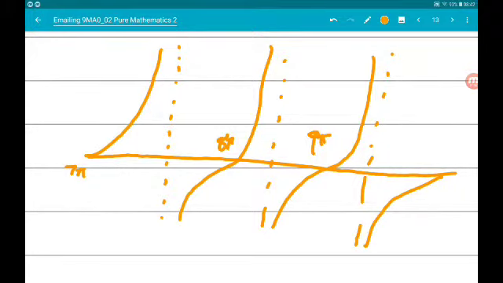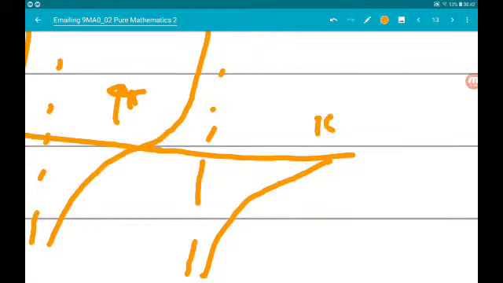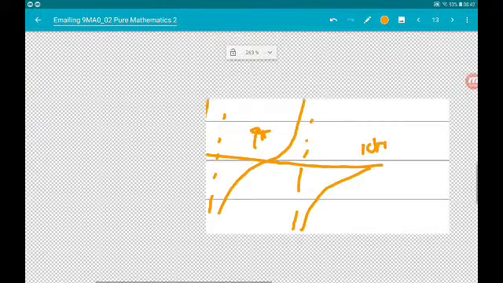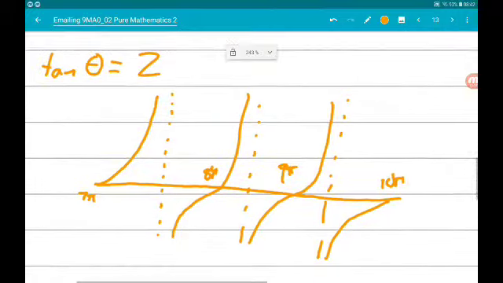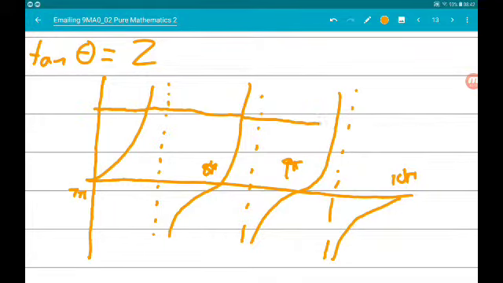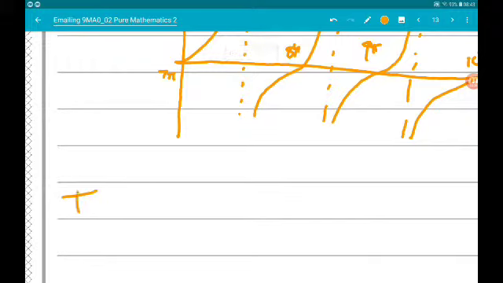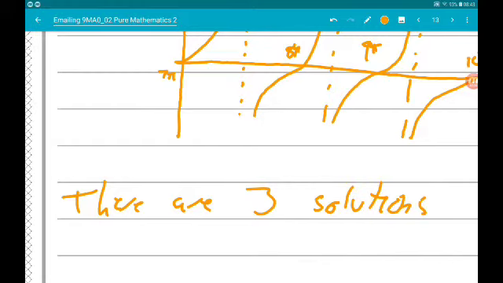So that's what tan looks like between 7 pi and 10 pi. Now we want tan of theta to equal 2. So if we draw a line across, it's going to hit the curve once, twice, 3 times. So there are 3 solutions. Cool.